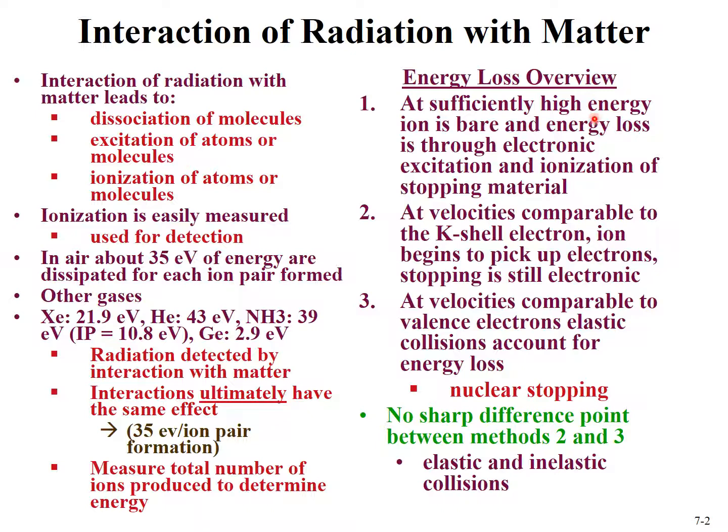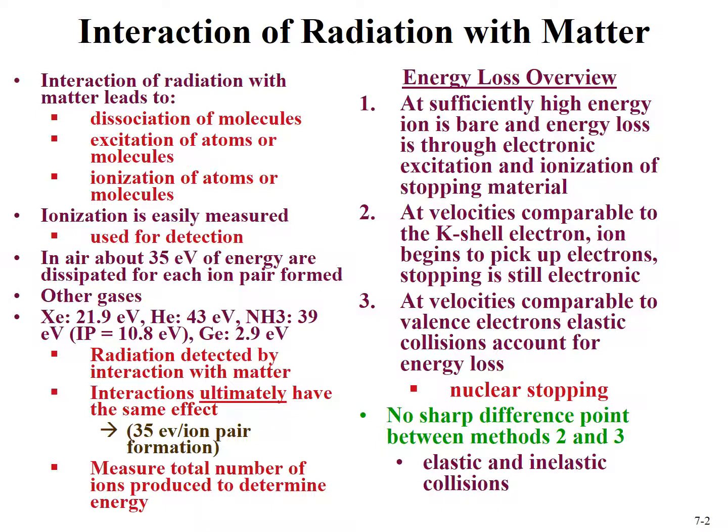So there are three commonalities with radiation interaction, and this overview provides these commonalities. At high enough energies, the ion is bare. So for instance, if it's an alpha particle or a proton, energy loss is through electronic excitation and ionization of the stopping material. So if something is highly ionized and it goes through matter, it'll take off electrons from that matter.